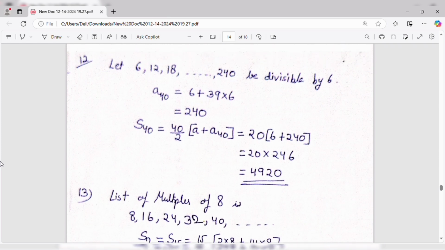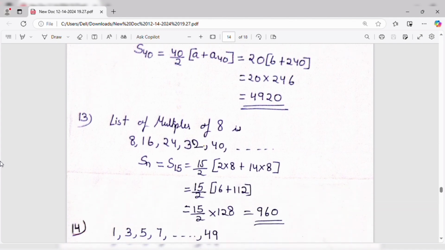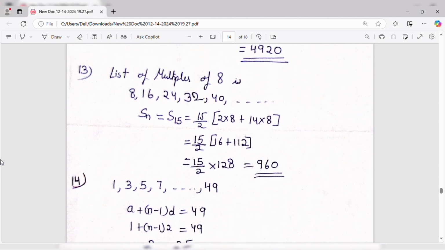Question number 12 is, find the sum of the first 40 positive integers divisible by 6. We can go with the AP as 6, 12, 18 and so on up to 240. So we will get a40 as 240. Then we will use the formula of an, and we will find S40 as 40 by 2 into a plus a40, and we will get 4920. The 13th question is, find the sum of the first 15 multiples of 8.